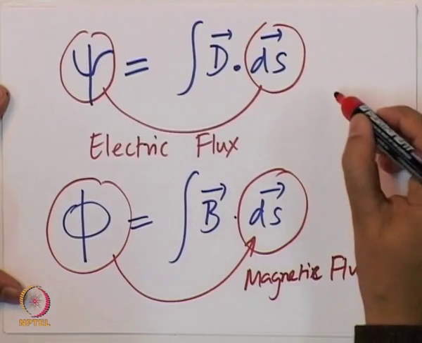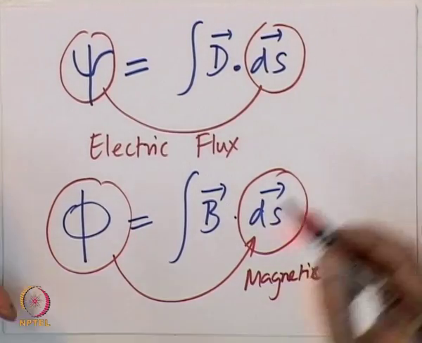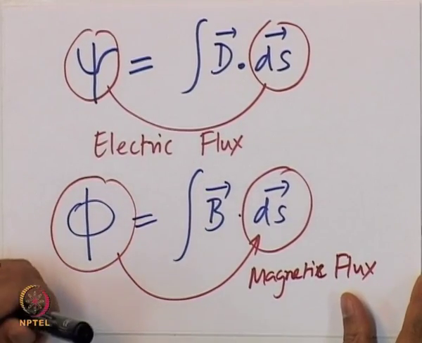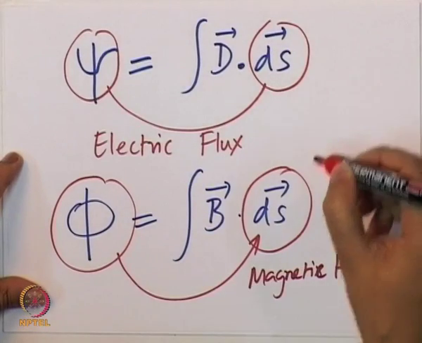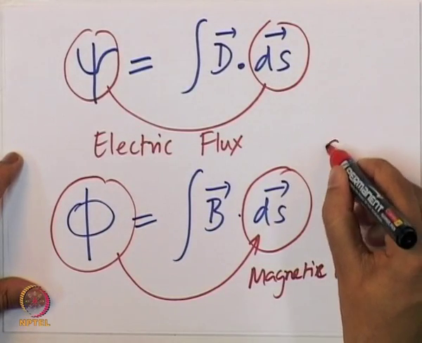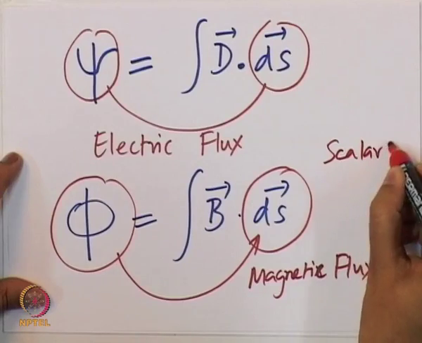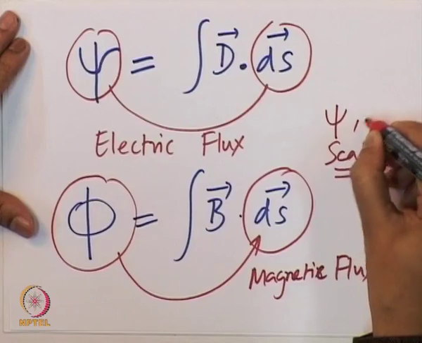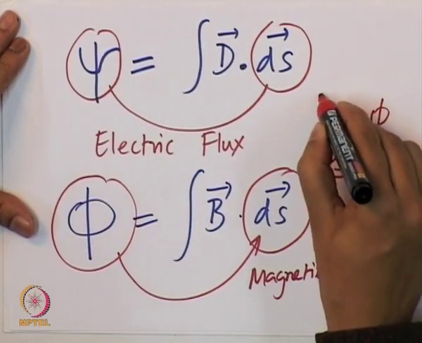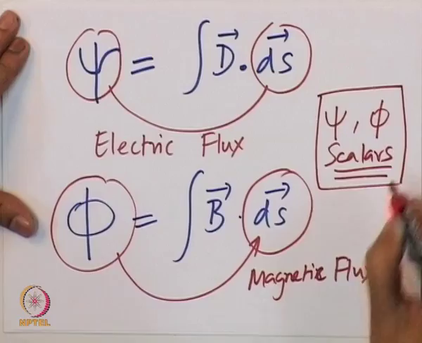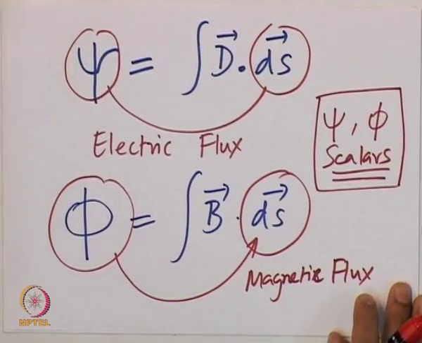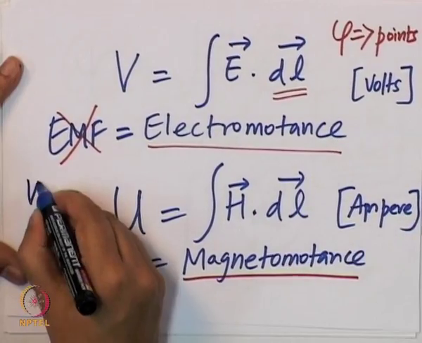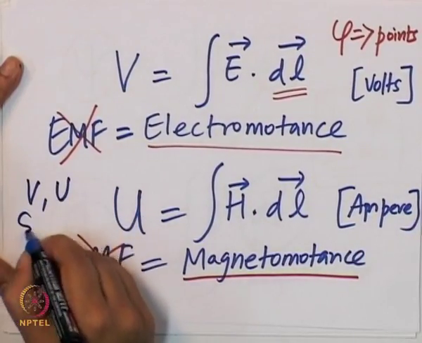Normally we use the terms electric flux and magnetic flux in the right context, so we are not going to worry about it, and the important thing is these are all scalars. So Phi is a scalar, and also in the earlier case where we had V and U, they are also scalars.